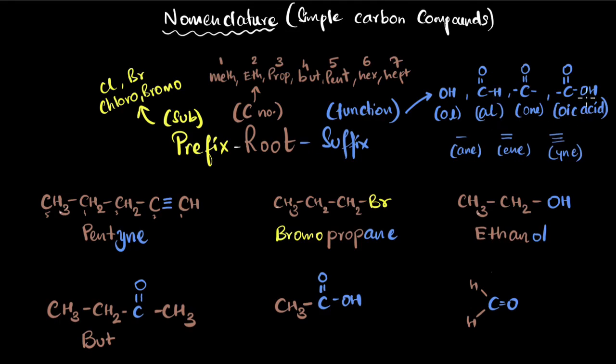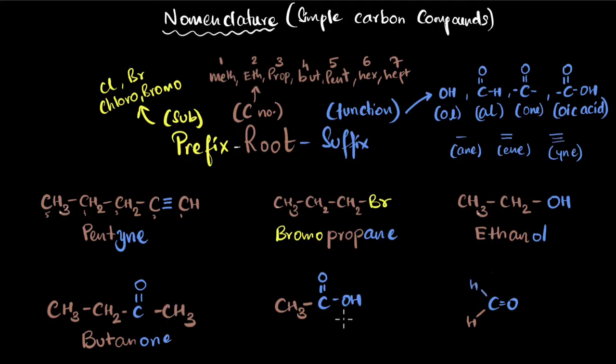It's not "-oic acid". It has to be connected to OH for oic acid. It's a ketone, so it's "-one". How do you end this? You don't say butone. Just like what we did over here, you first write butane, delete the E, and then write the "-one". So butanone, that's how you write this.